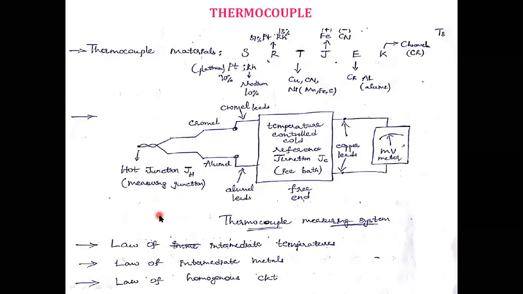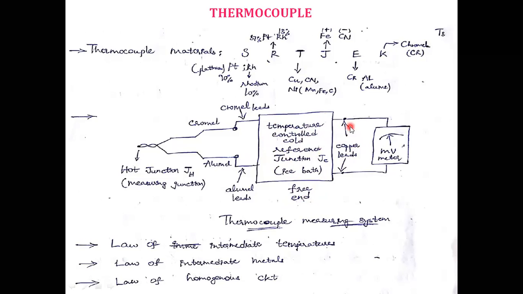The other junction is the reference junction. This is the temperature controlled cold reference junction, JC. We can place some ice bath here and take it as a reference junction. This is the free end junction, and we can also call this the free end.